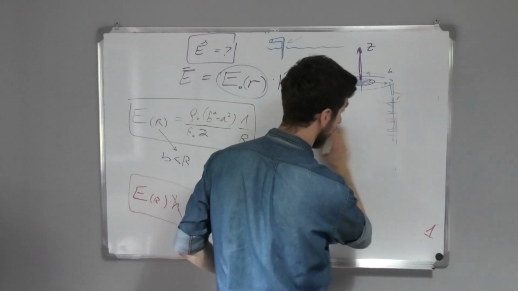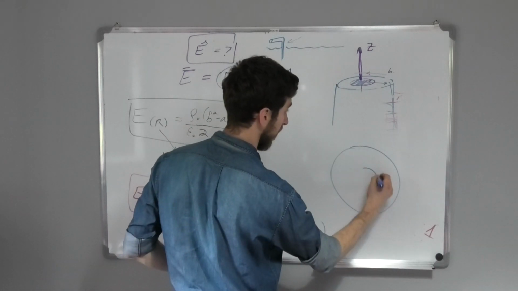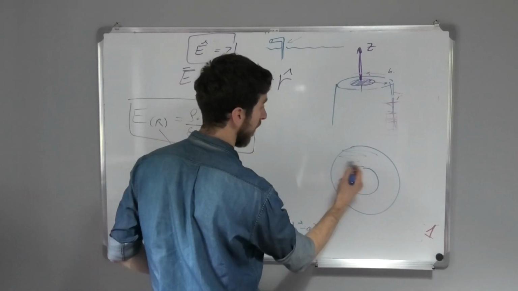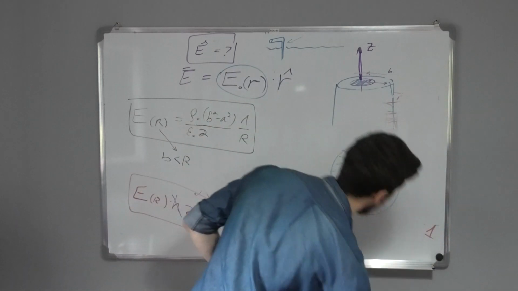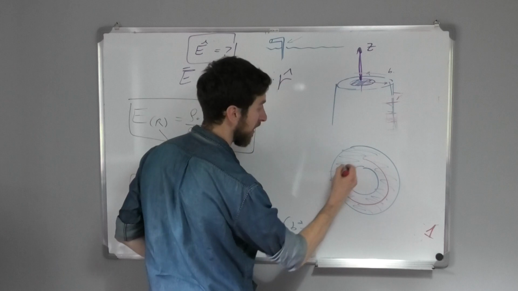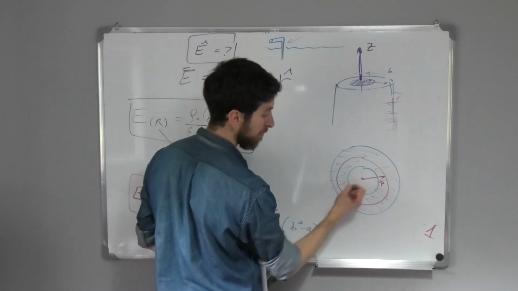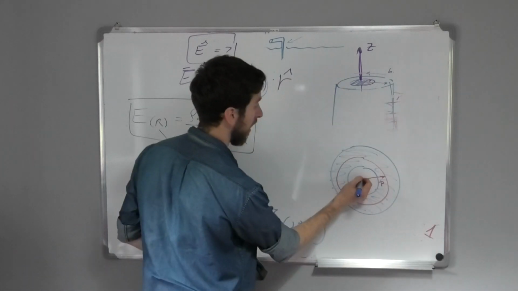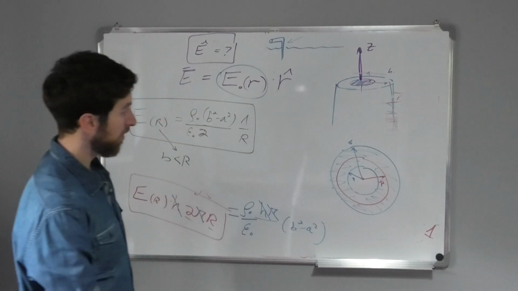Let's do a top view. Top view is better. So this is my cylinder. This is the hole of the cylinder. Here I have charge, right? And now I'm going to choose another cylinder, which is going to be inside, at some location r. I remind you that this is a and this is b, right?